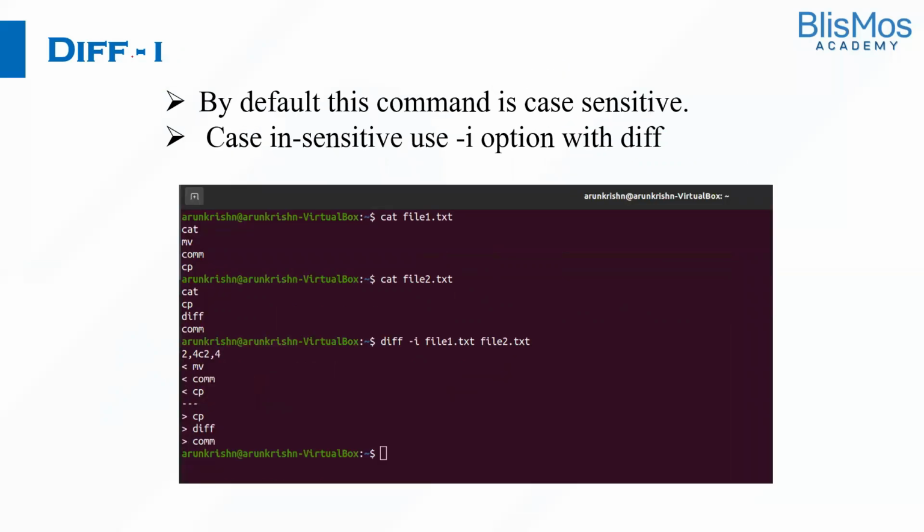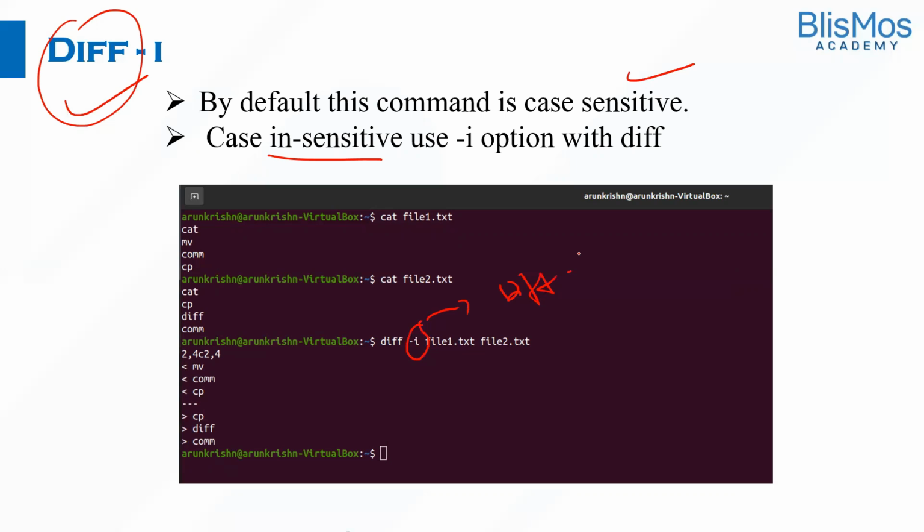By default, diff command is case sensitive. But if you want case insensitive comparison, you can include -i as a part of your diff. That will not worry about whether the case is sensitive or not.